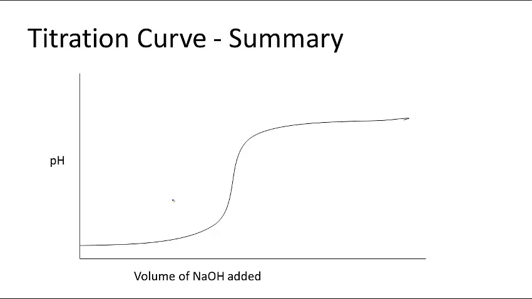All right, so summary. Terminology-wise, you should know what this flat part at the beginning we call the buffering region. But more importantly, you want to know this is the equivalence point. It's used to find unknown concentration.